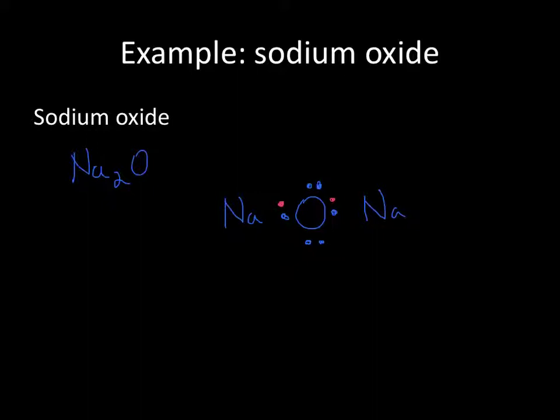I just used a different color just to represent where that extra electron is coming from. So now I can use square brackets to represent the fact that these ions are charged. And so it's plus, and oxygen gains 2 electrons. So it's going to be the oxide ion with a charge of -2. Let me make that a little bit neater.